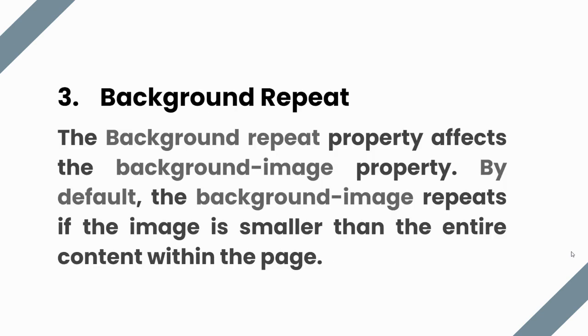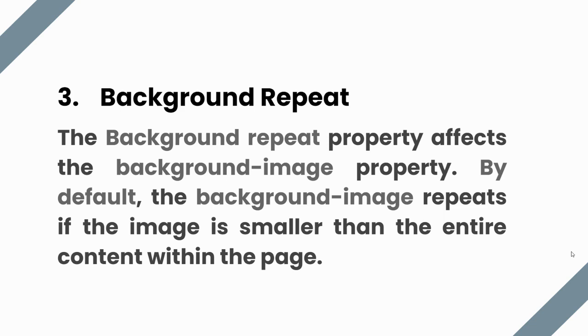Next, we have the background repeat property. The background repeat property affects the background image property. So now we are entering into the part where some properties affect other properties.